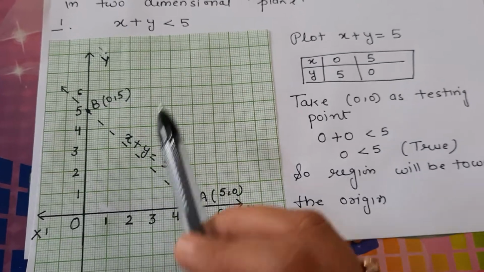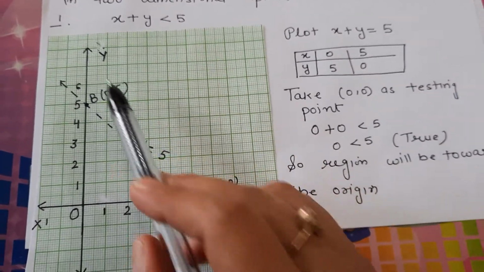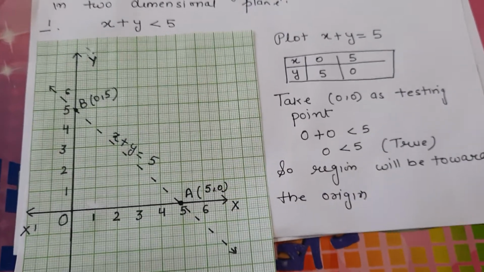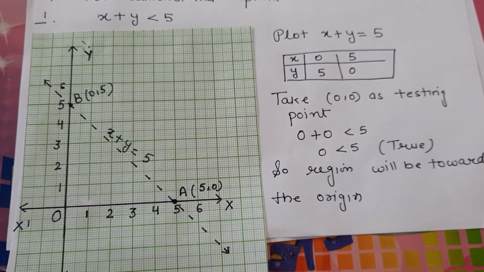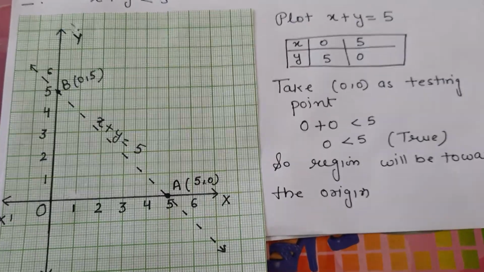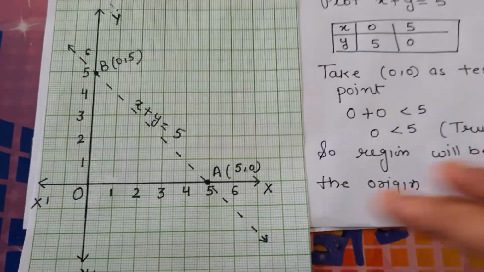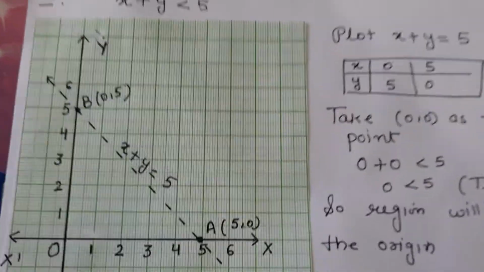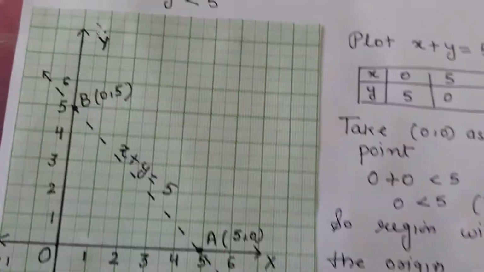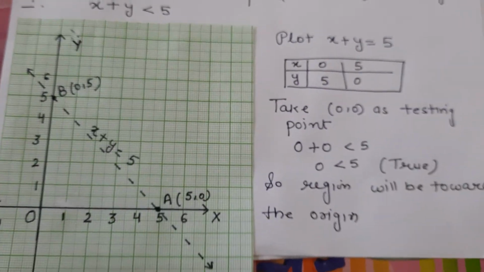Means that either the portion above this line or the portion below the line is included. Right? So if this is strict inequality, we are going to plot dotted line, and if there is a slack inequality like less than or equal to and greater than or equal to, we are going to plot the dark line. So I have plotted the line. Now you need to check the region of this inequality, for which we are going to take some testing point.